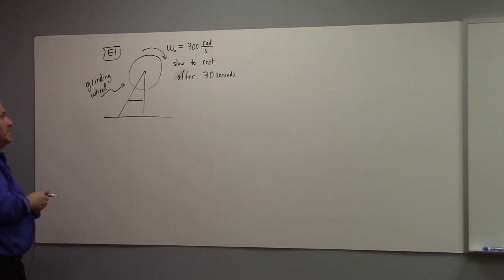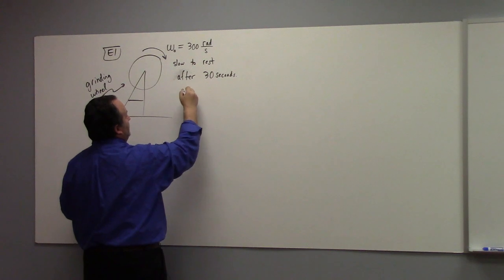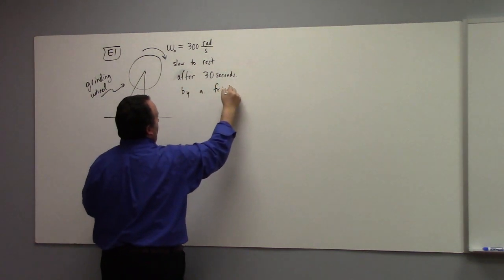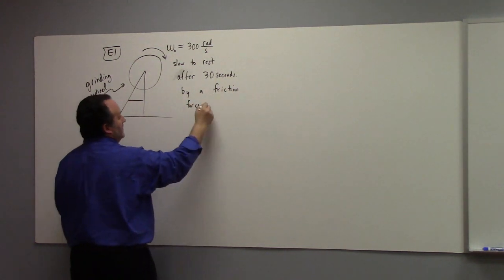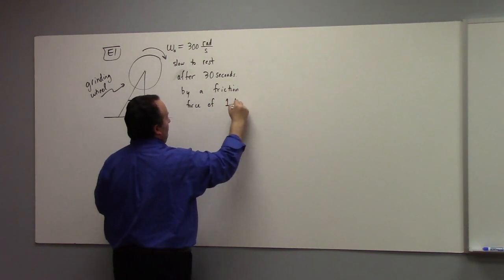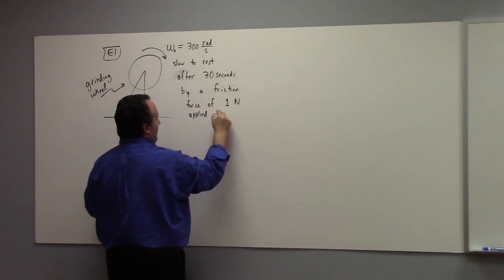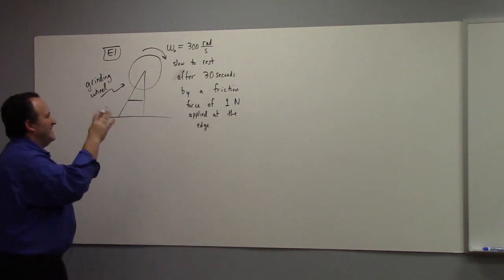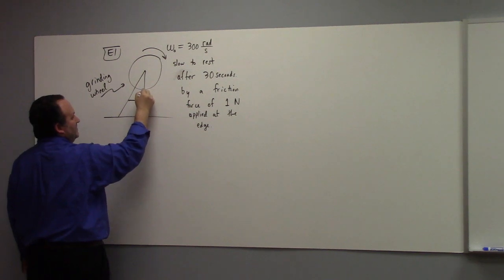And let's suppose that's by a friction force of, let's say, 1 Newton applied at the edge. So I decided against the bearings. Instead, let's say that it's being slowed by a brake that's applied right here, okay?